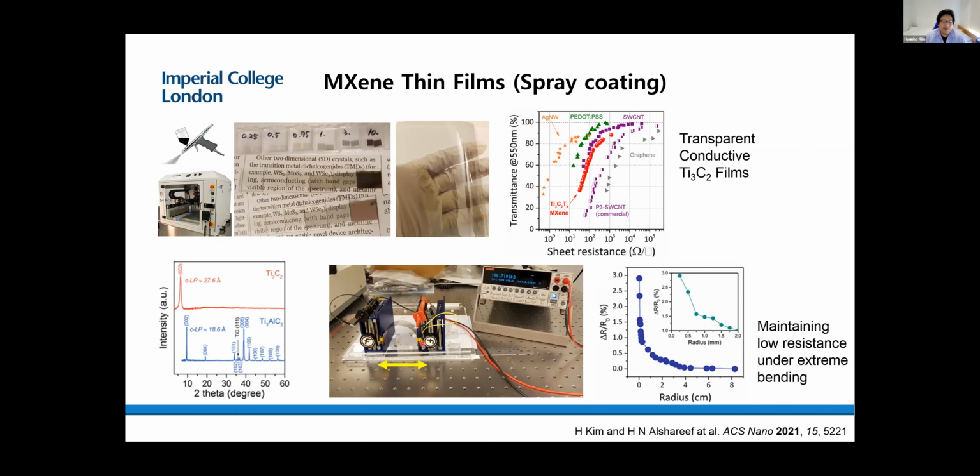When we tested the flexible operation, bending the thin films to a bending radius of 0.25 millimeter, it still shows a nearly similar resistance value, only 3% different from the beginning. So the freestanding MXene paper can be mechanically weak, but once it is supported by a substrate, they can create a new path under strain, so it can maintain low resistance.